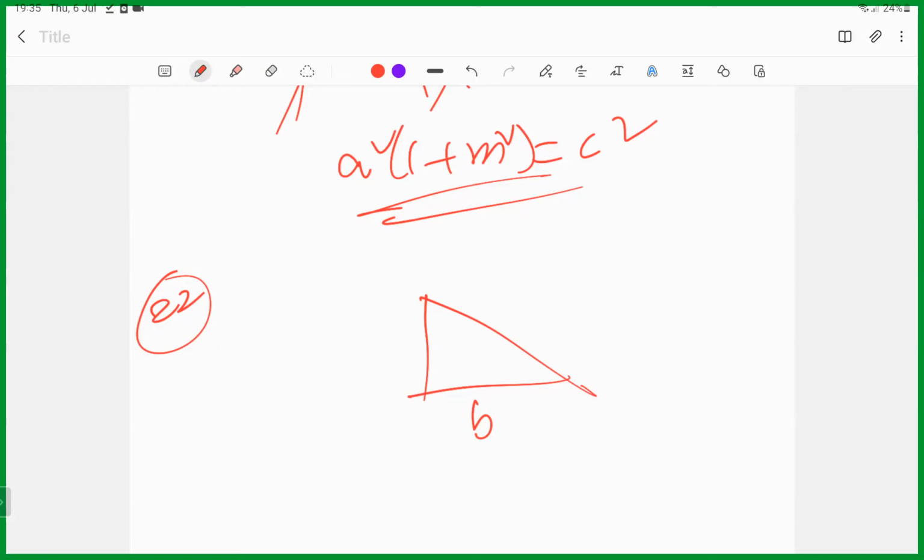Means they are saying hypotenuse, let's take h, or take L. What they are saying, h is equal to b plus 2 is equal to 2L plus 1.